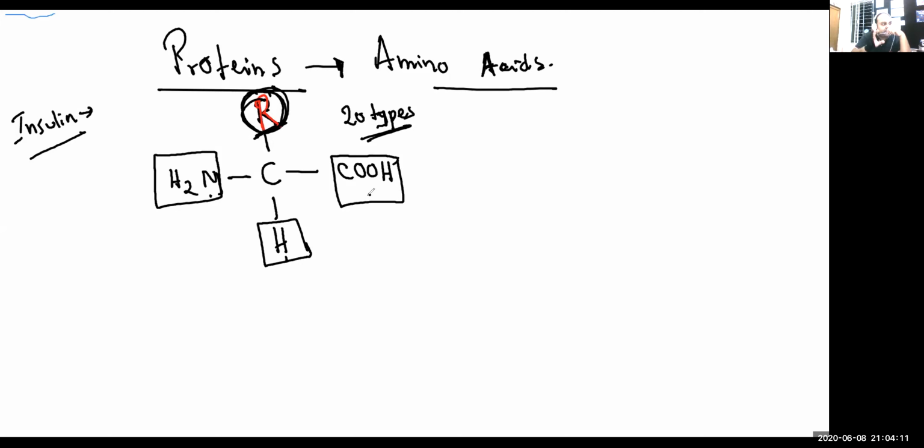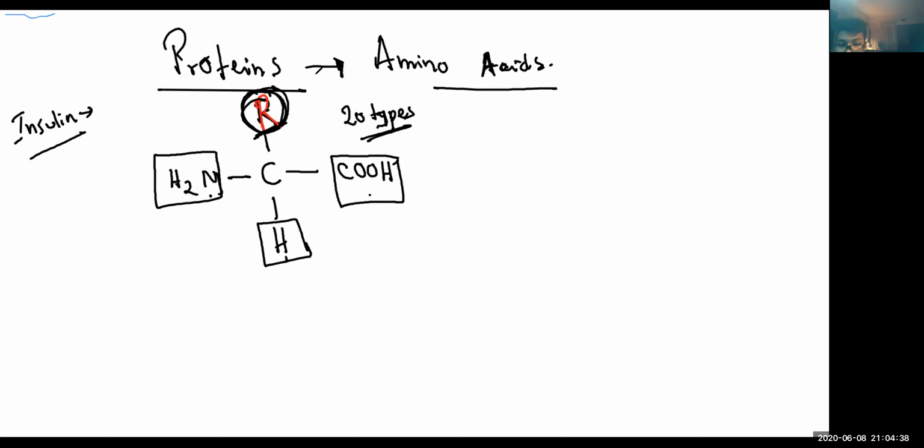Any other opinion? Only the carboxylic group and the amine group. Only NH2 and COOH, except for R and H.